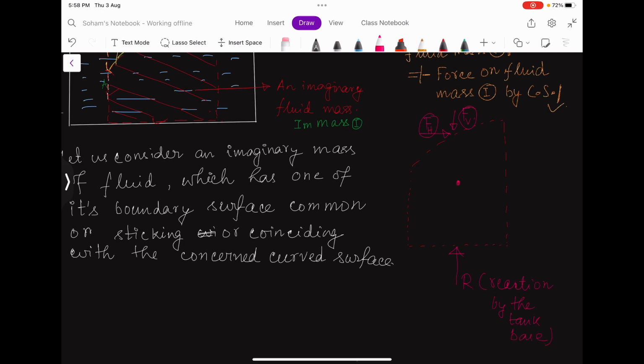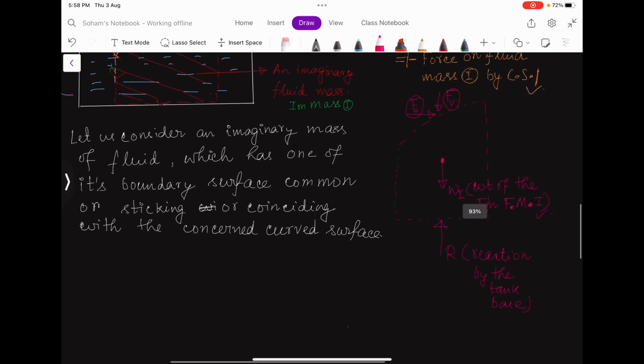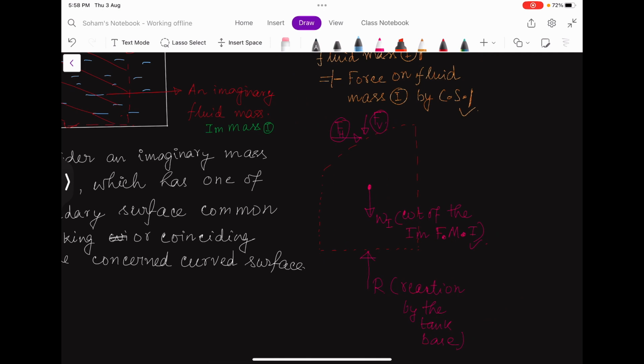Another very obvious force is its own weight, that is W1, which is nothing but the weight of the imaginary fluid mass 1, right?